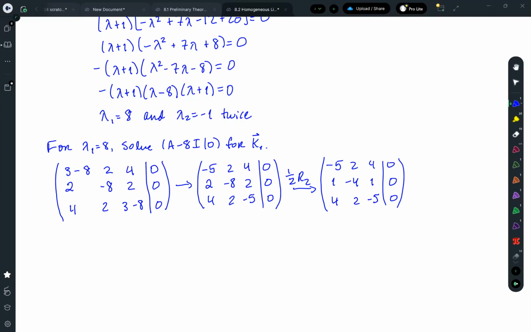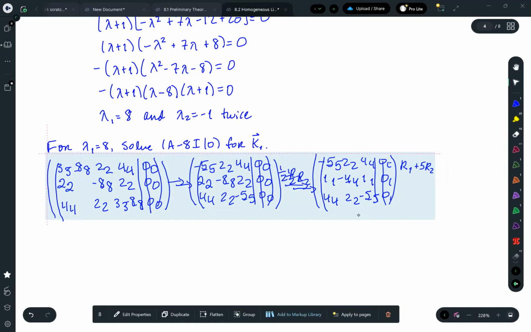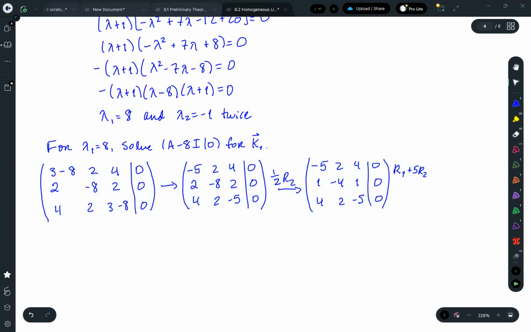Okay. If I take row 1 and then I add it to 5 times row 2, that's going to give me a new row 2 that I can work with. It'll clear that 1 that's in the bottom. So this will equal the new row 2.